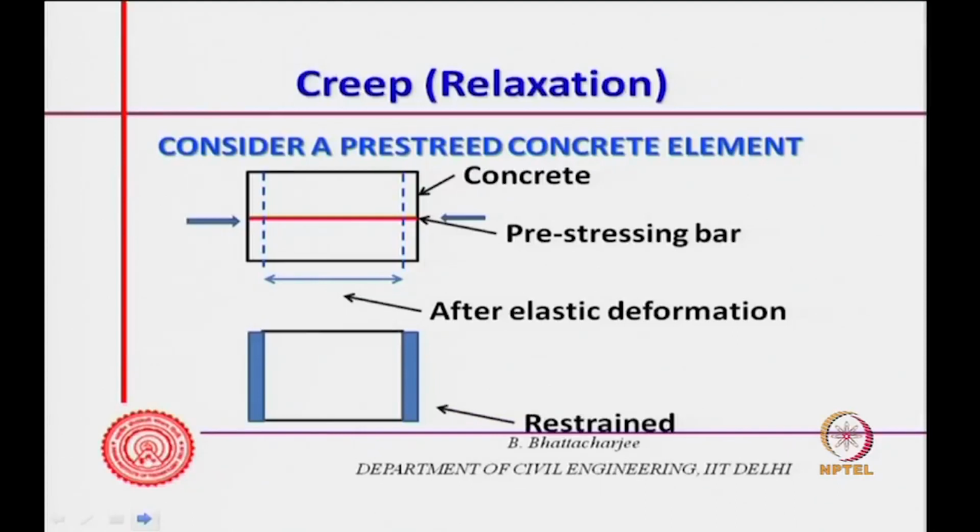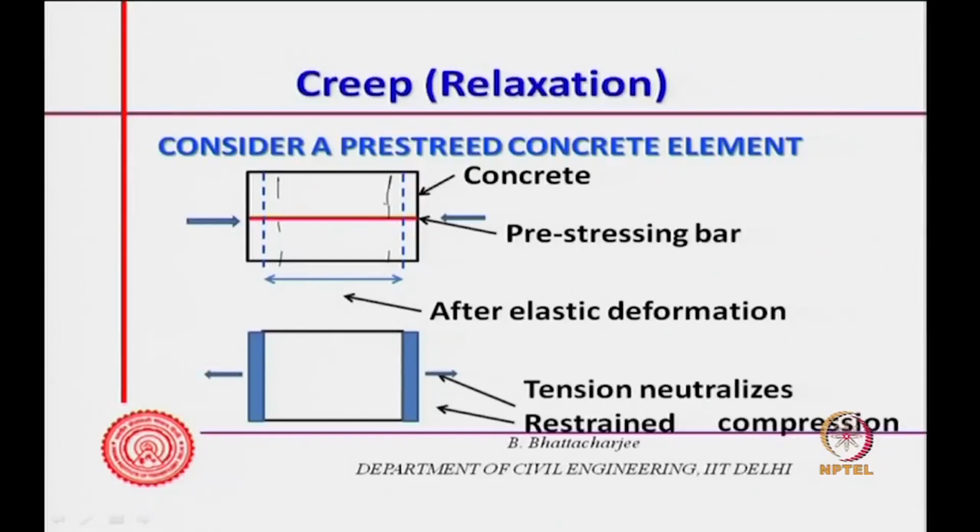Do not allow it to shrink. Due to creep it would have gone to this level, but I decided that I will restrain it and will not allow it to go to this level. Its dimension after creep should have been somewhere here, but I have restrained it.